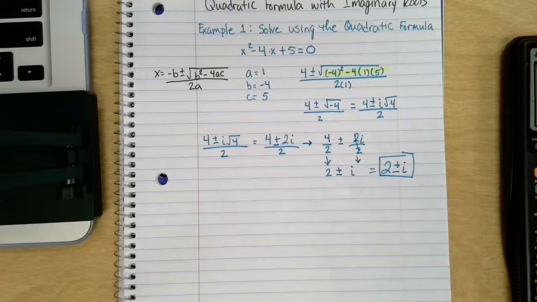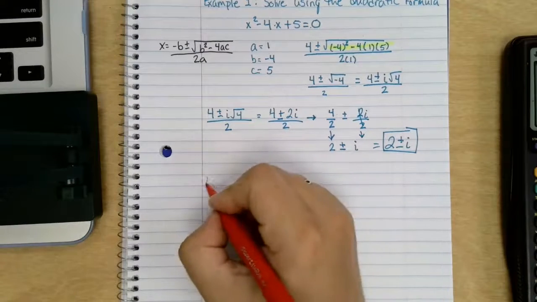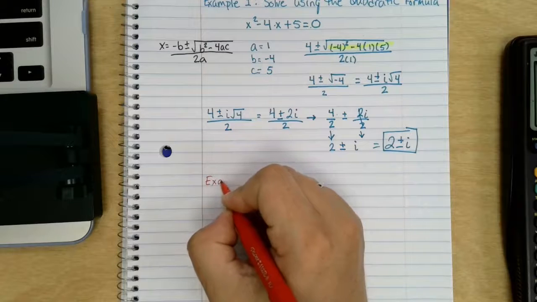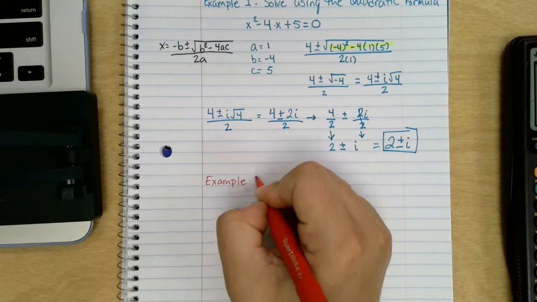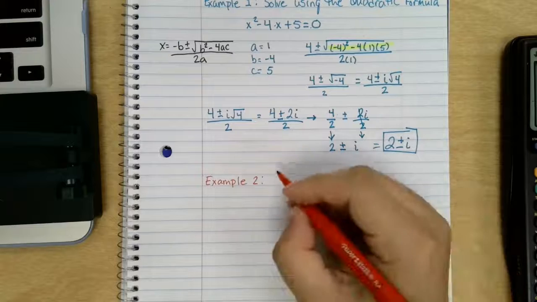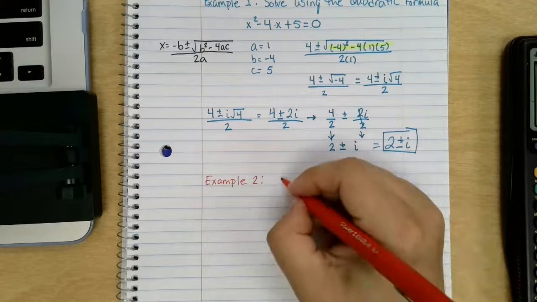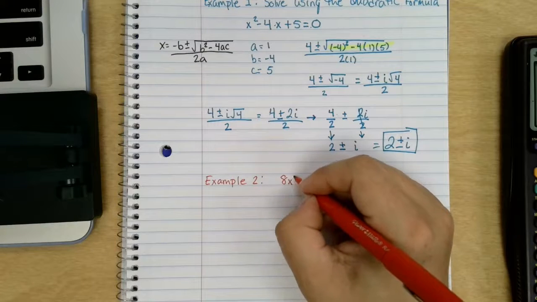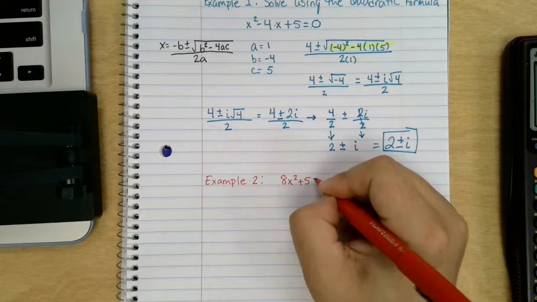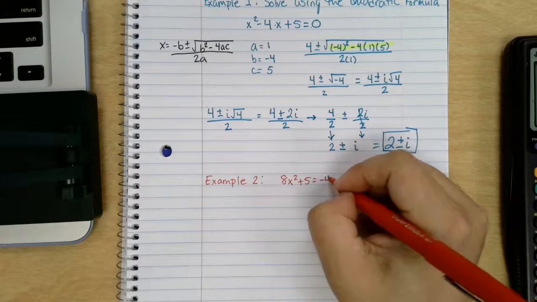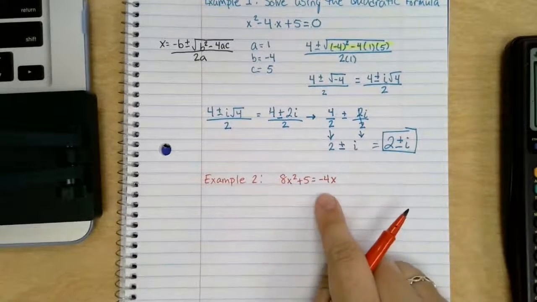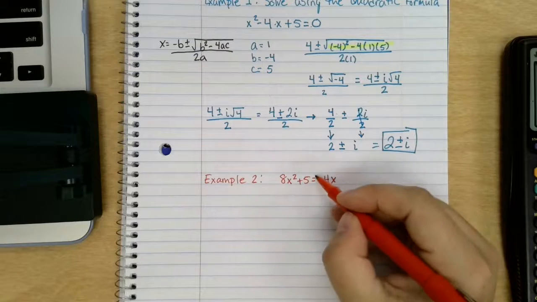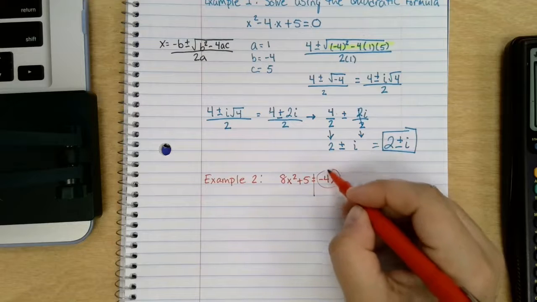Okay, so I want to do another example with you. For example 2, let's say our equation is 8x squared plus 5 equals -4x. The first thing you should notice about this equation is that it is not in standard form, so we have to move that term over here.